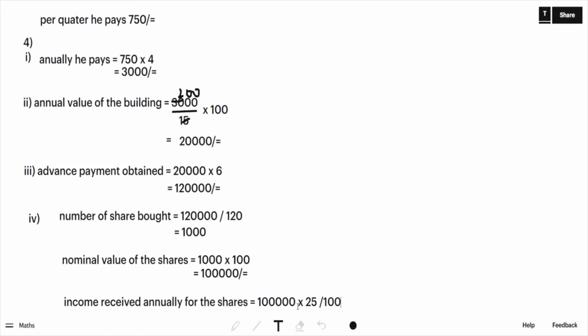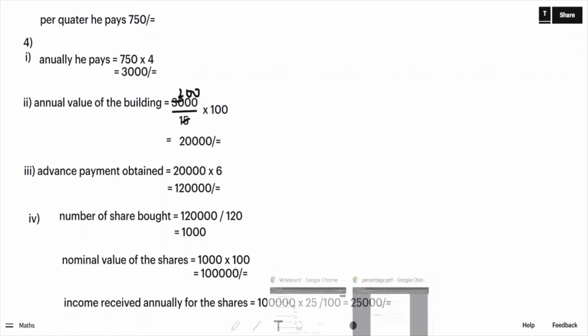The company pays a 25% dividend for the shares they got. So the income he gets from this is 25,000. So from shares he gets 25,000 annually.